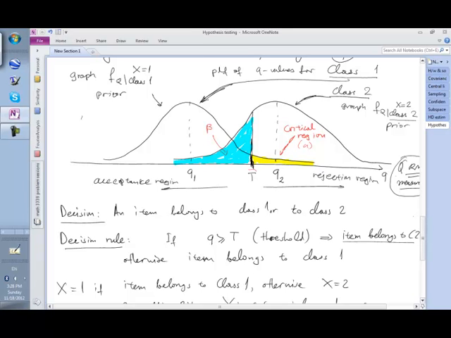So you wouldn't pick T where you have it, but you would probably pick it here. You would move T to the left, you will draw the threshold to the left, to reduce the false negative rate. Whereas if you draw T to the right, you reduce the false positive rate, but you increase the false negative rate.